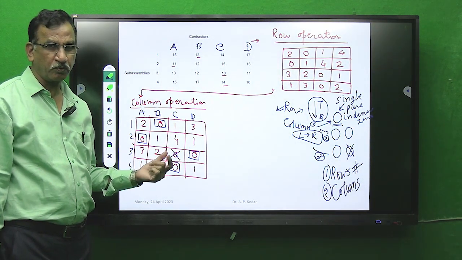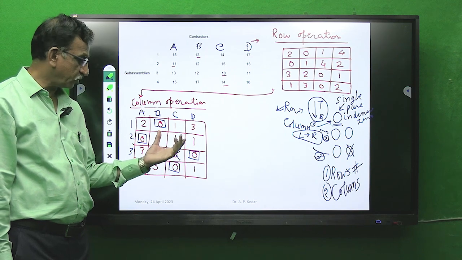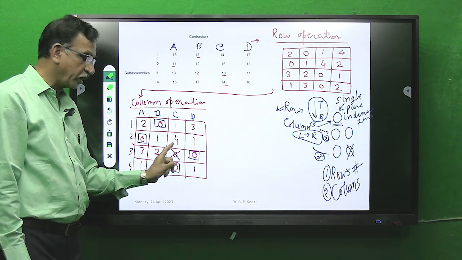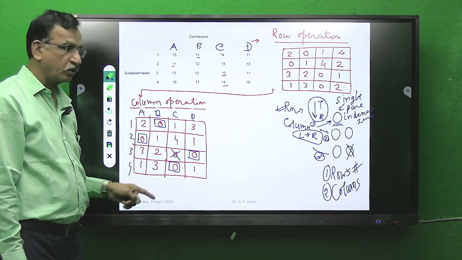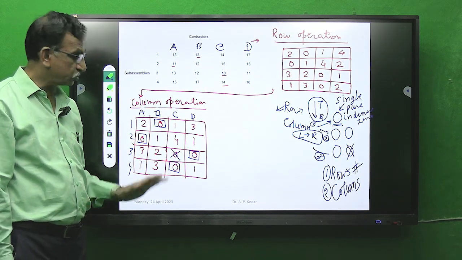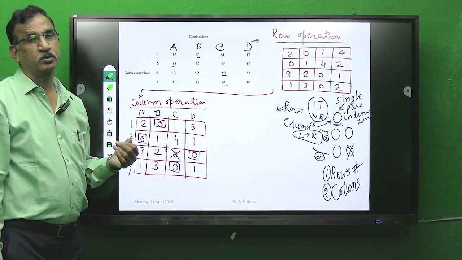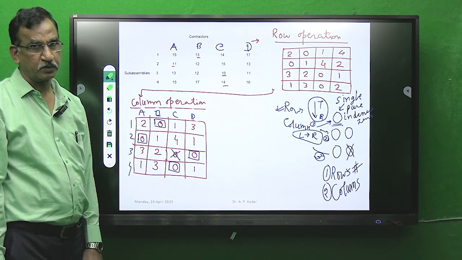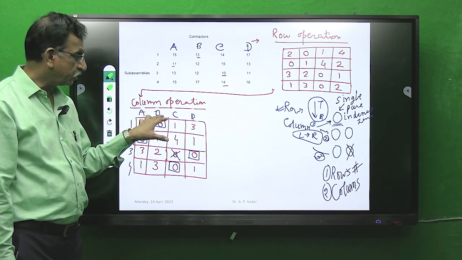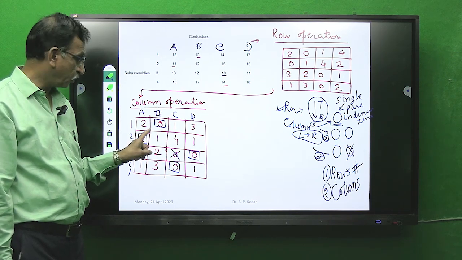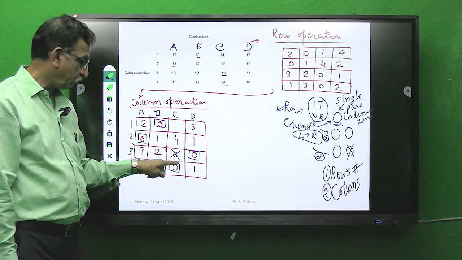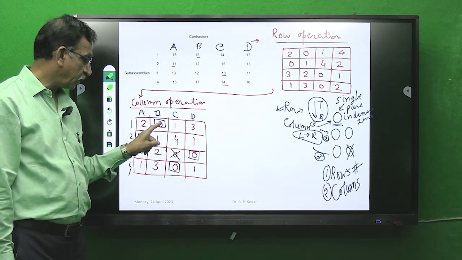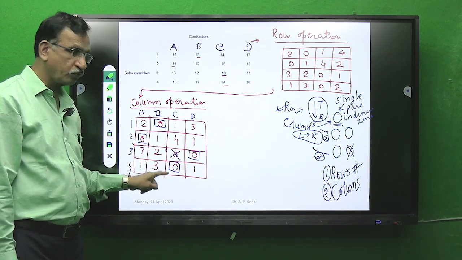Now, how to understand? There is no need to perform an optimality test, because it is obvious from the solution that every row has got one assignment and every column has got one assignment. There is no row or column of which 0 is not assigned. So for this 4 by 4 matrix, I got 1, 2, 3, 4 assignment.